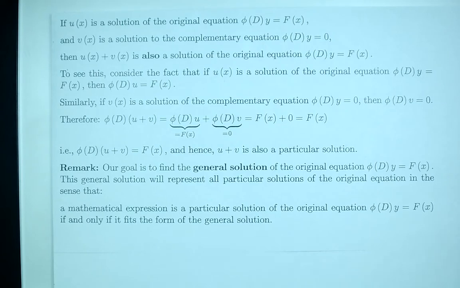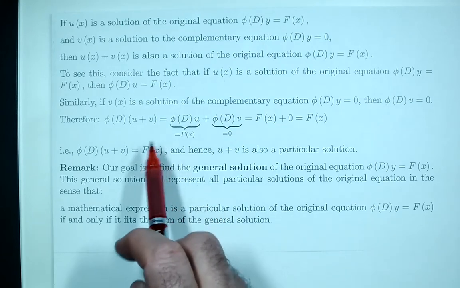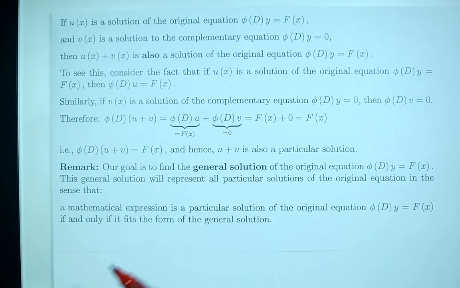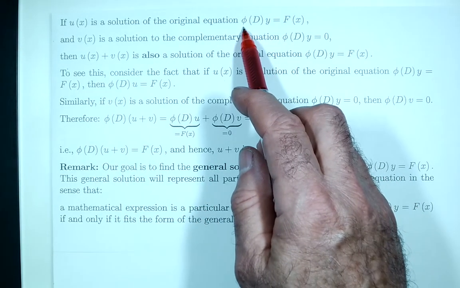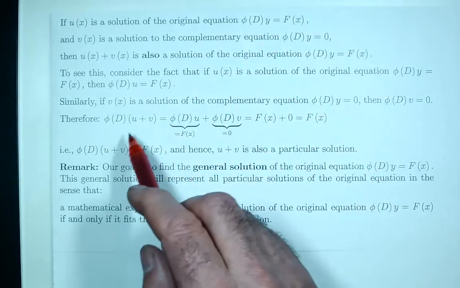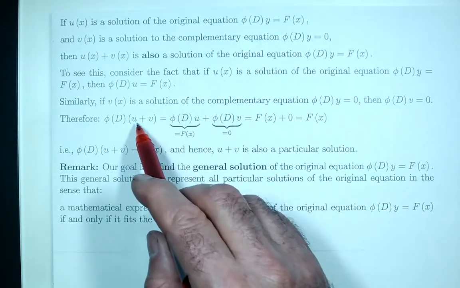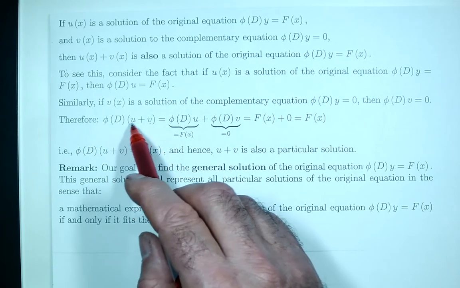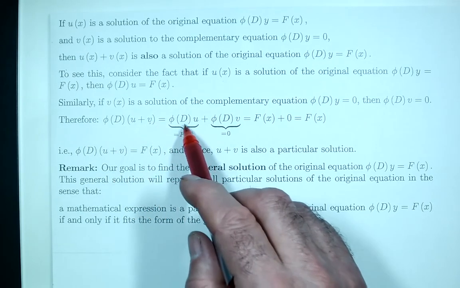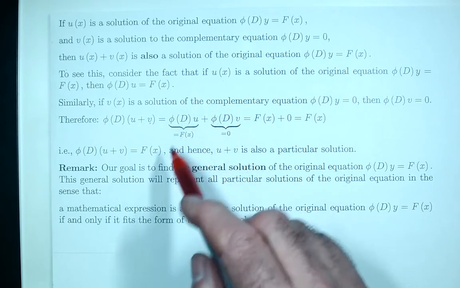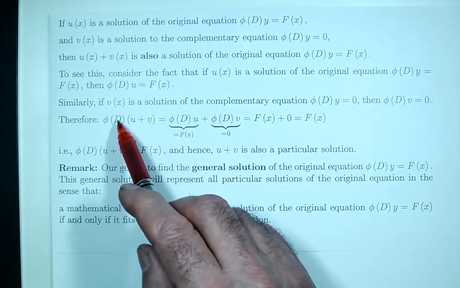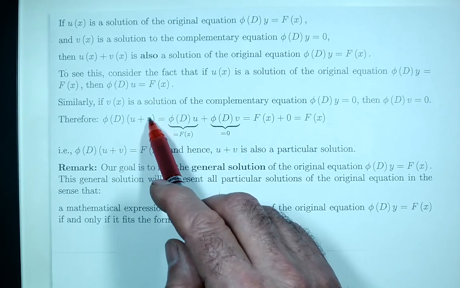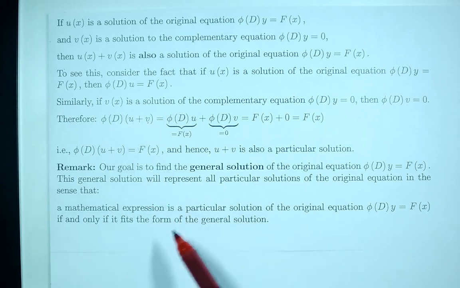So, let's plug in u plus v where y was. In the original equation, we had phi of D y. For y, we're going to plug in u plus v. And remember, the derivative of the sum of functions is the sum of the individual derivatives. So we can essentially apply this differential operator to u and to v separately.